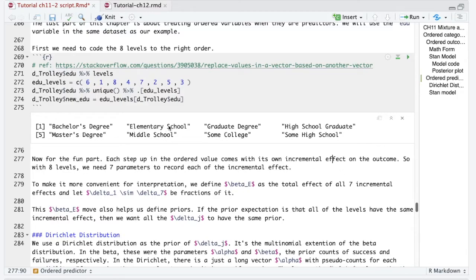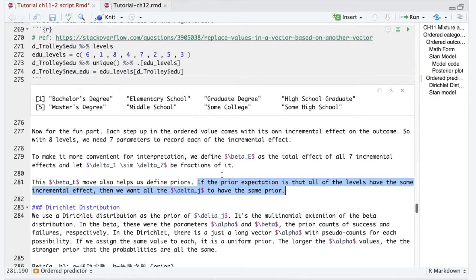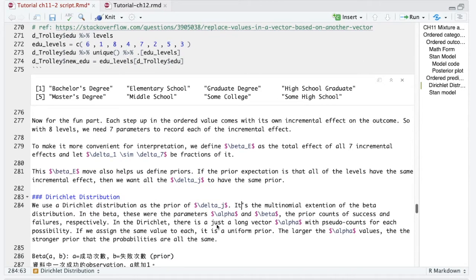Maybe from elementary school to middle school will be a 10% increase compared with the total effect, and from middle school to some high school, it's another 10% increase, and from some high school to high school graduate, like a 5% increase, something like that. By doing so, we can define the prior in a more structured way, because we no longer need to guess the exact effect of each level. We just need to guess the distribution of the effect over different levels.